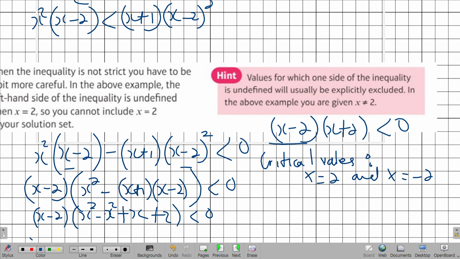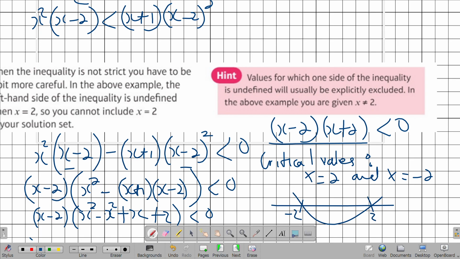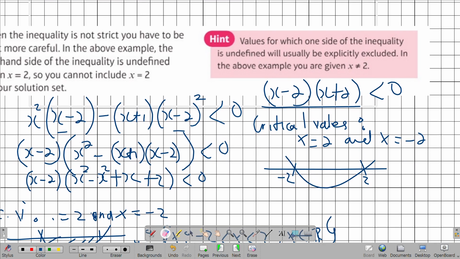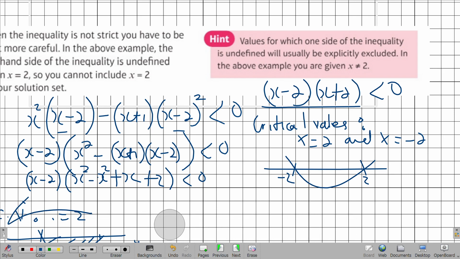And what type of function is this? This is just a quadratic minimum graph where the roots are minus 2 and 2. So because of that, we're going to say the part that is less than 0 to satisfy this is this part here.